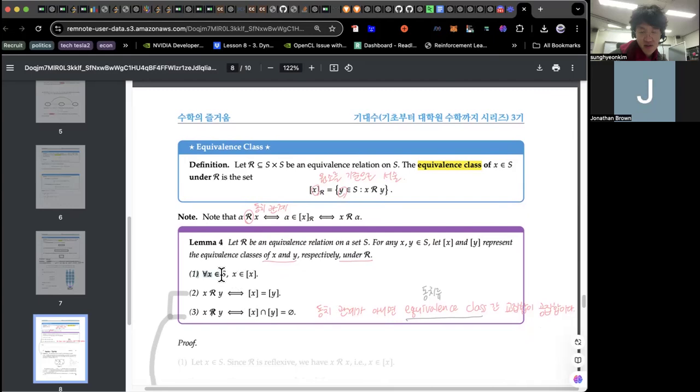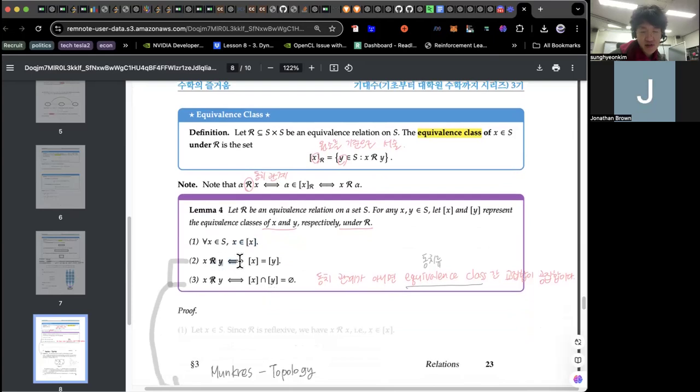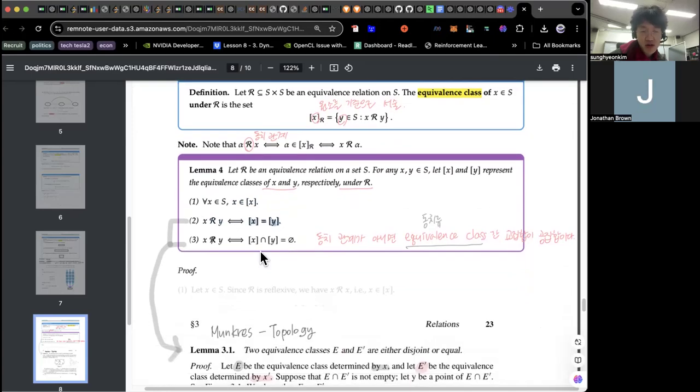And here, then it will be for every x which is an element of the equivalence relation, then x will be an element of the equivalence class. And if x and y have an equivalence relation, then the equivalence class of x and y is equal.